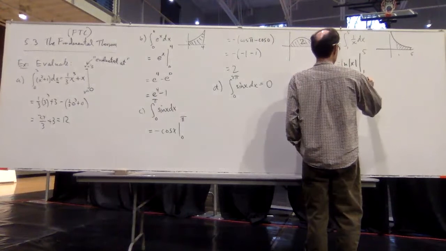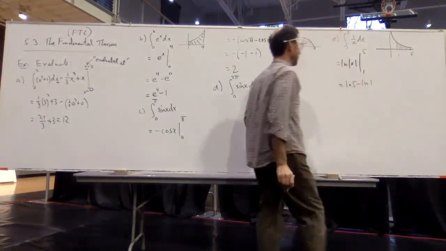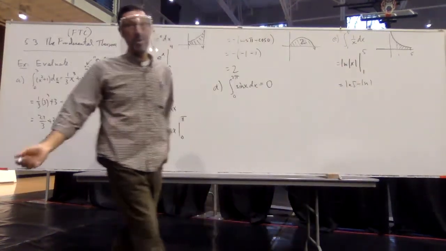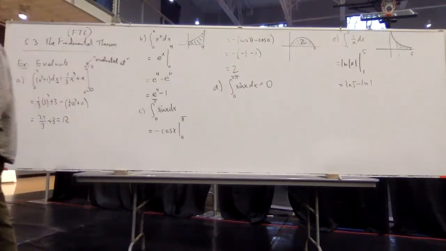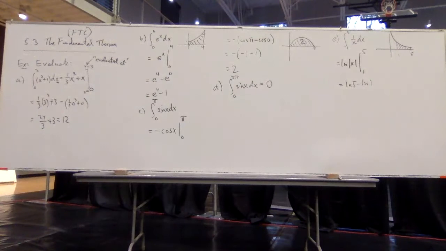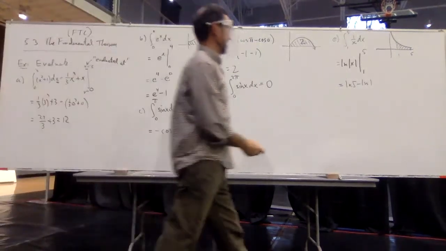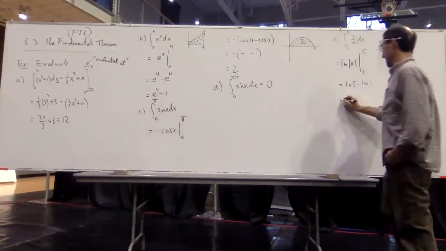That is ln 5 minus ln 1, 5 and 1 being positive, so the absolute value sign is not needed. What's ln 1? It's 0. So ln 5 is our answer.